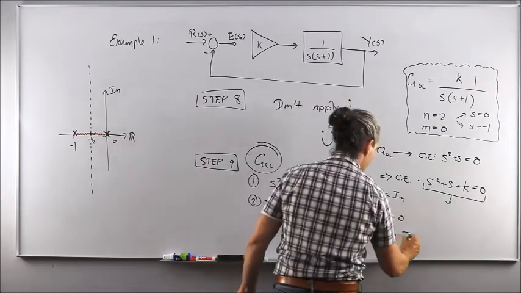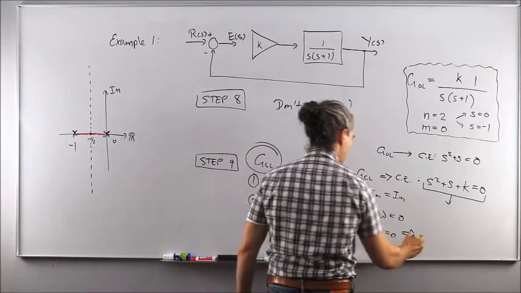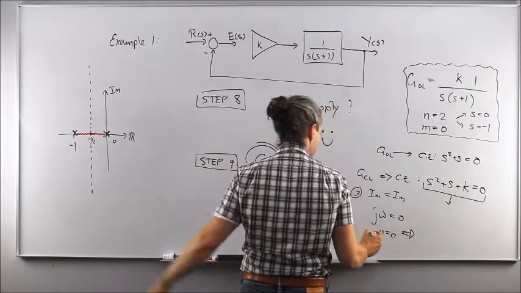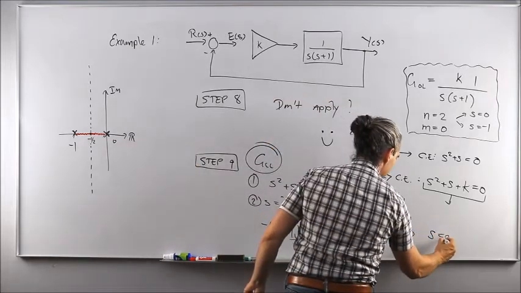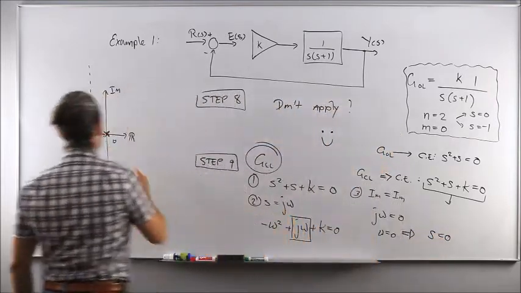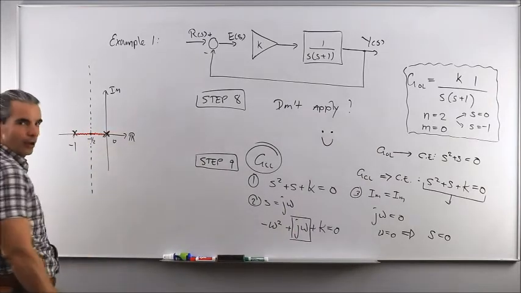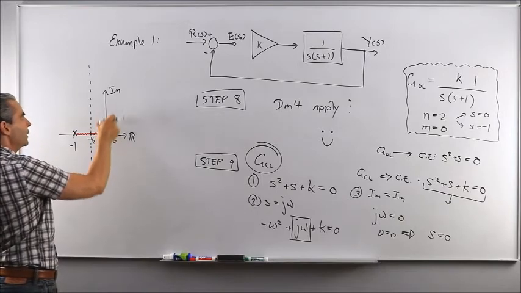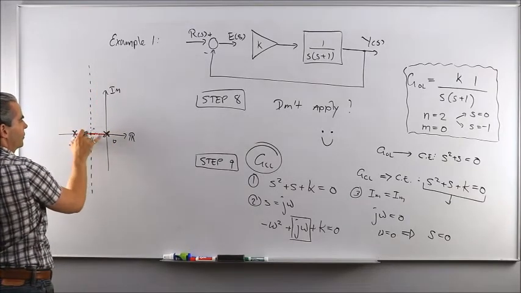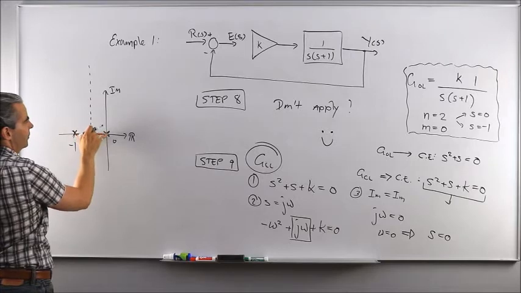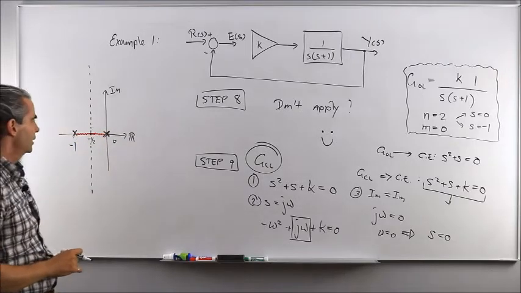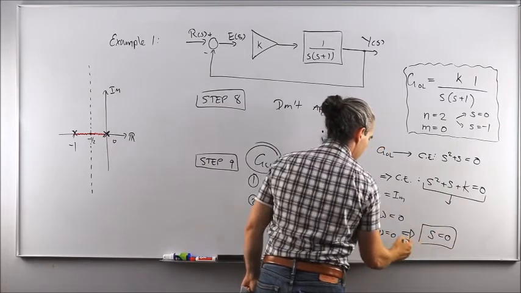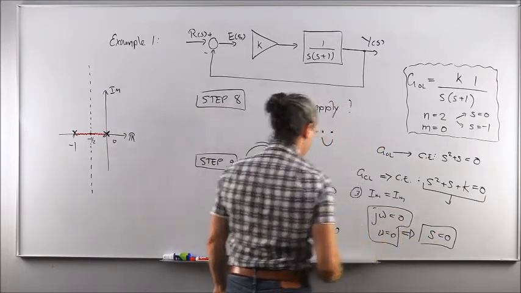And therefore, the intersection of the real axis of the root locus with the imaginary axis is at S equal to 0, right here. It turns out that we already knew that from the get-go, right? Because with K equal to 0, you get the open loop poles, and one of them being directly on the imaginary axis. But that just confirms what we already knew, okay?